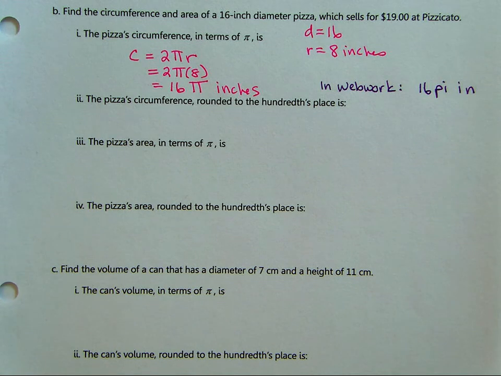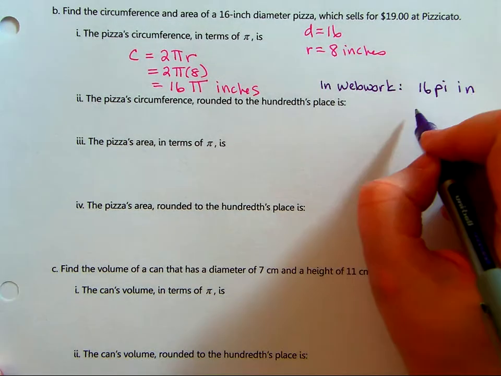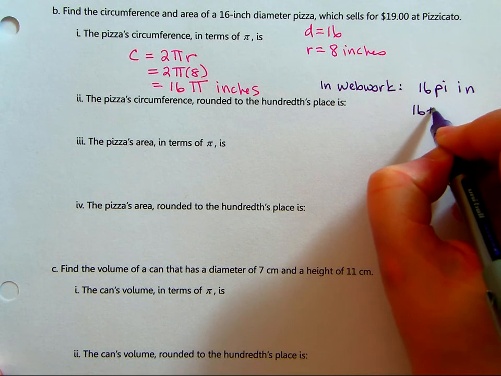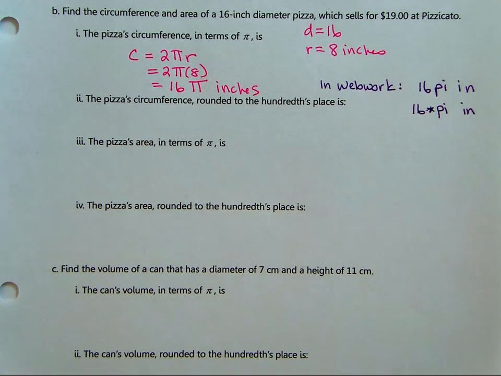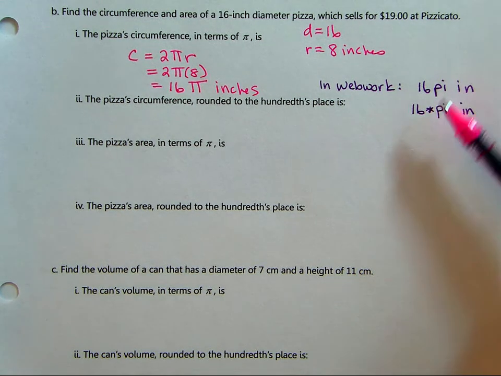Sometimes if you leave a gap, it'll ding you. I don't think you could type pi and in all together. But try it. It should be a space. I'm pretty sure you can get away without the asterisk. You don't have to have the asterisk. It should take it either way.